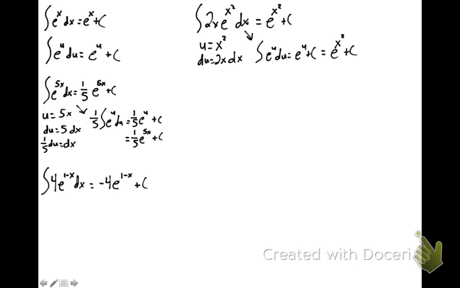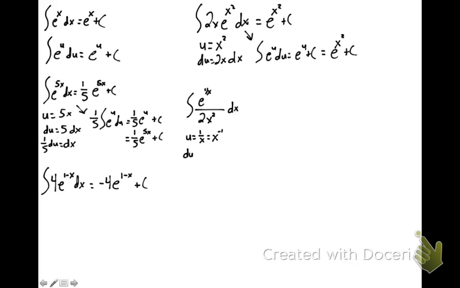Another example, this would be the integral of e to the 1 over x, or x to the -1, I'll write it like they did, over 2x squared dx. Well, I'm not really sure how to approach this, so I'm just going to start saying that u equals 1 over x, which means that u is x to the -1.